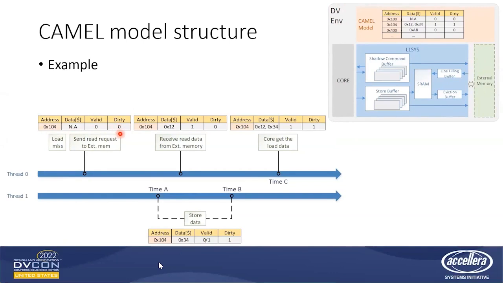In the design, it goes to the shadow command buffer and sends a read request to external memory. After the data comes back from external memory, the data will be updated and valid will be 1. Then L1 sys will inform the core that the data is back. You can fetch the data.